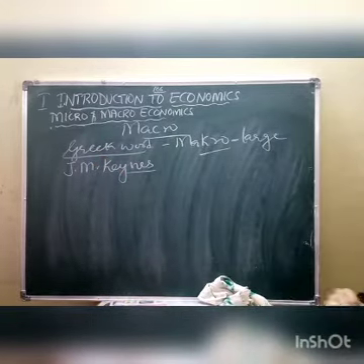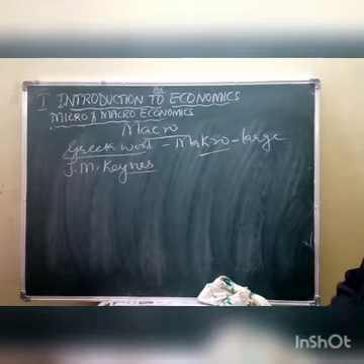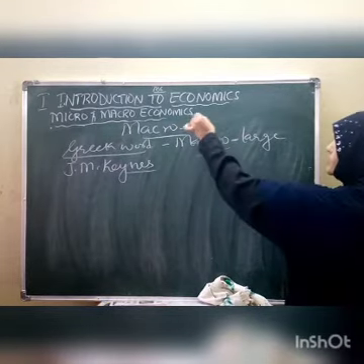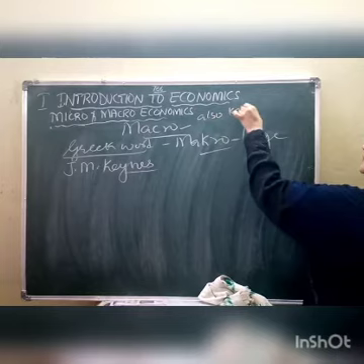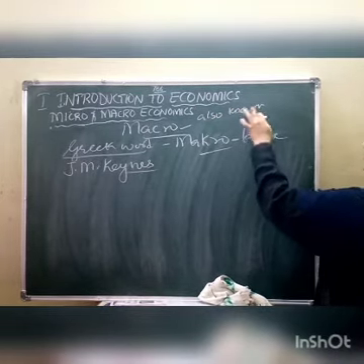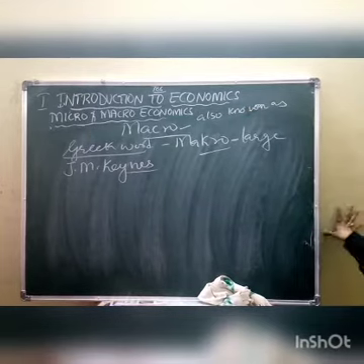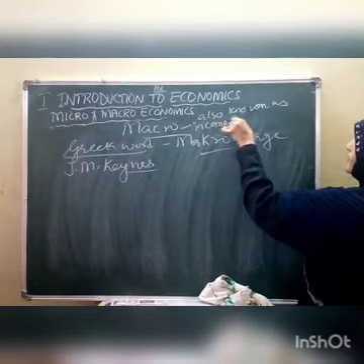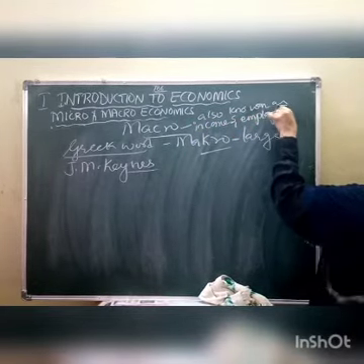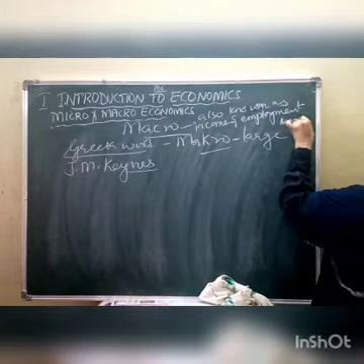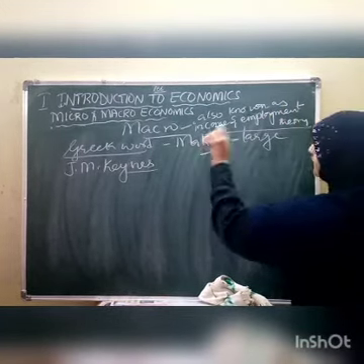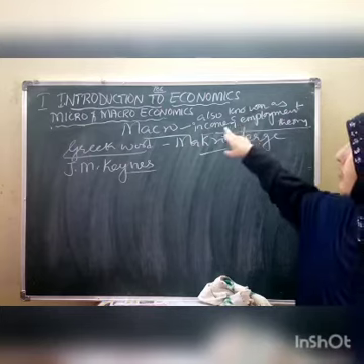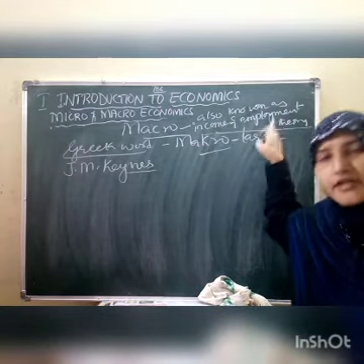Macroeconomics is also known as the theory of income and employment, or income and employment theory. What was the theory called for micro? It was price theory. But this is called income and employment theory.